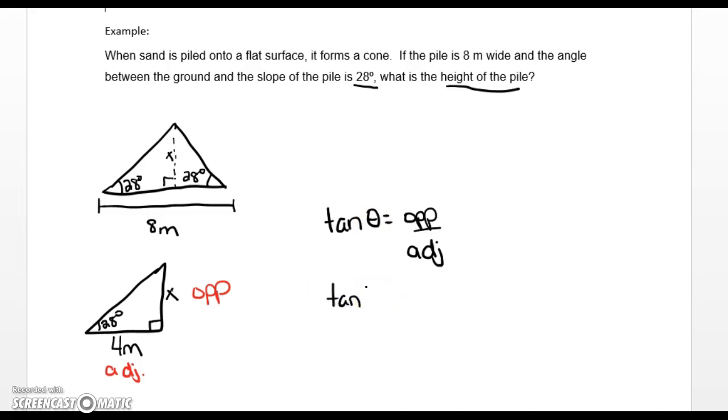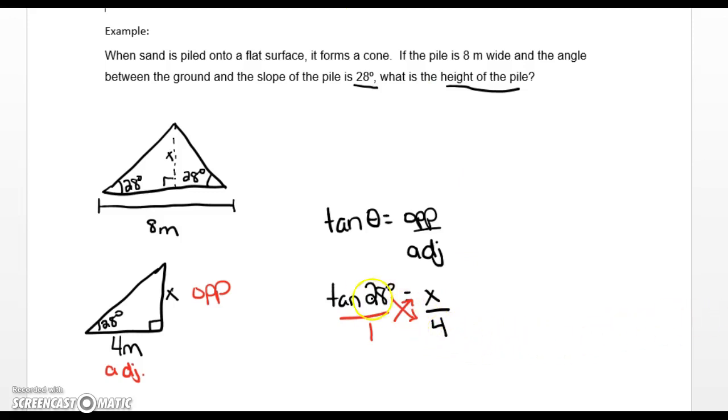So we have the tan of 28 degrees is equal to, your opposite is x, and your adjacent is 4. So we'll have x over 4. Then, just like what we did in our previous videos, I'm going to write tan of 28 over 1. That way I have two fractions that are equal to one another. Then we can use cross multiplication to solve.